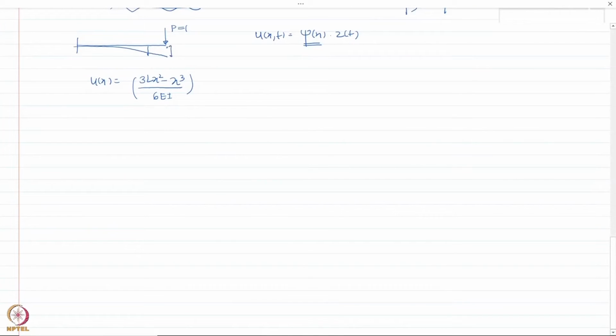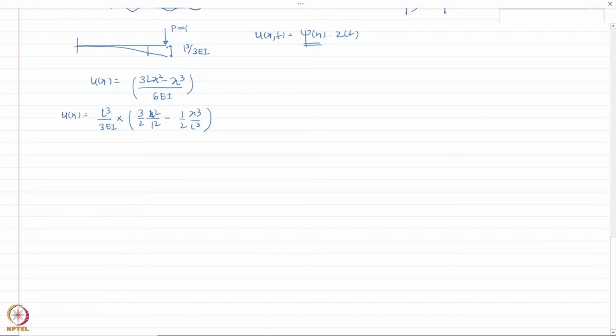For example, I know that the deflection at the end is P L cube by 3 E I, which for unit force becomes L cube by 3 E I. So if I write my U x as L cube by 3 E I times, if I take that common, this becomes 3 by 2 x square divided by L square minus 1 by 2 x cube by L cube.